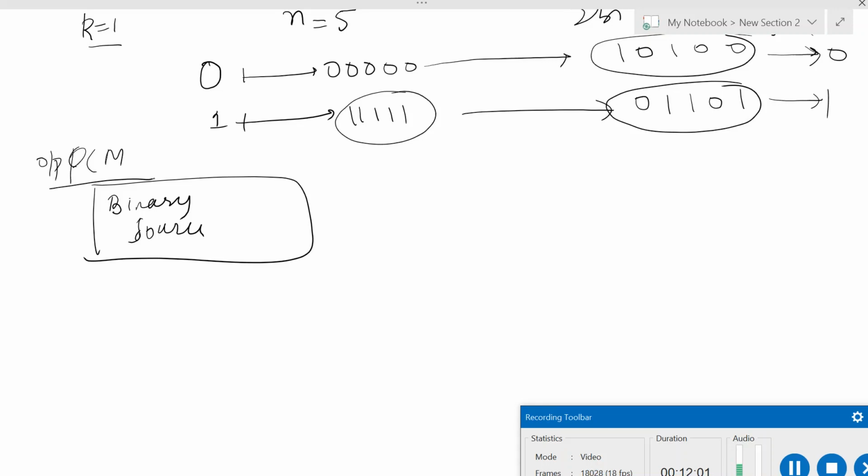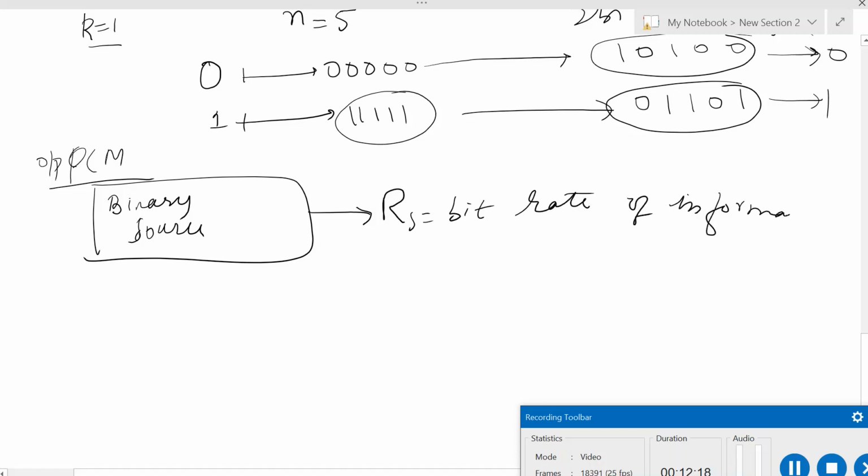Let's call that rate RS, the bit rate of the information source. Suppose the source may emit 100 bits per second, 200 bits per second, or even more. It's called the bit rate.